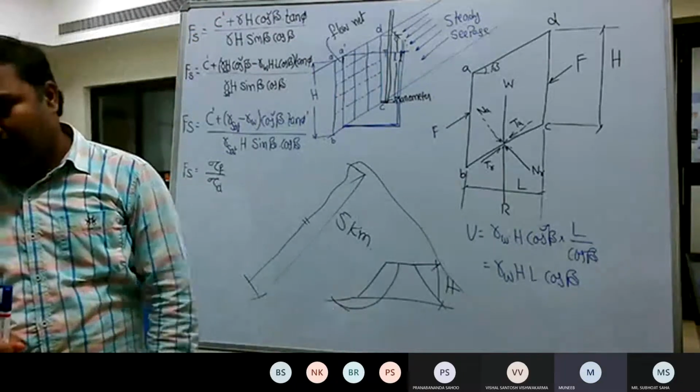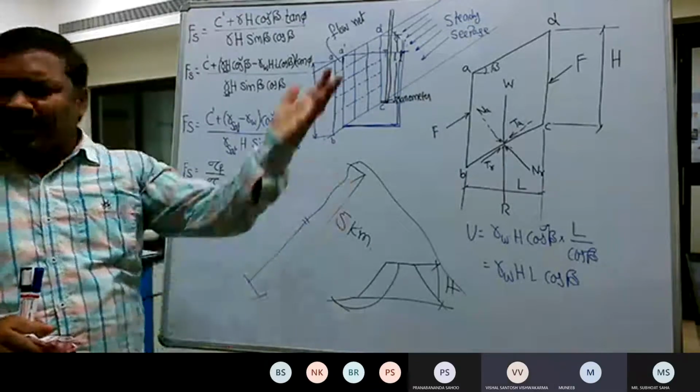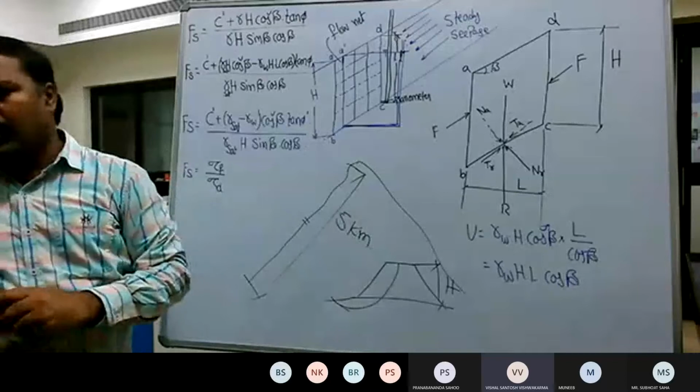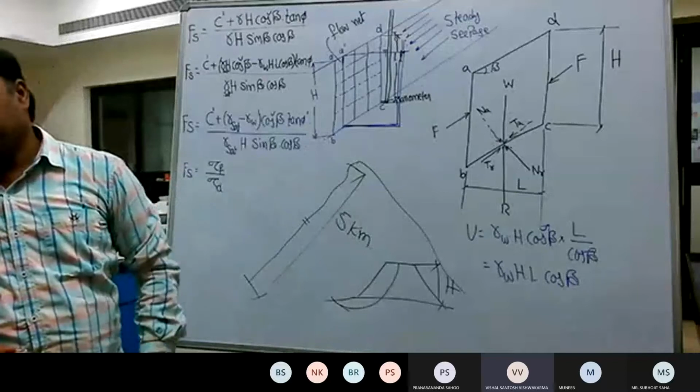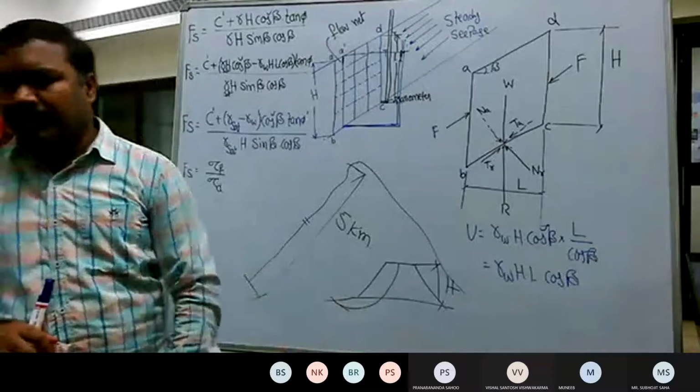Sir, when it is submerged condition, then it will be only saturated, not submerged, sir. No. Saturated is different from the submerged condition.